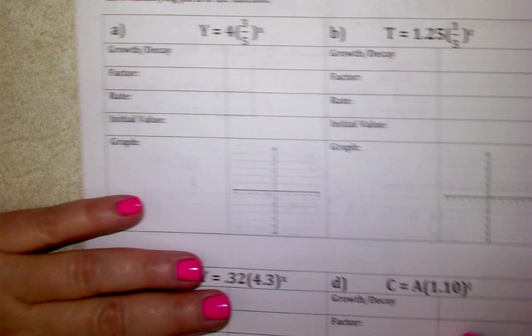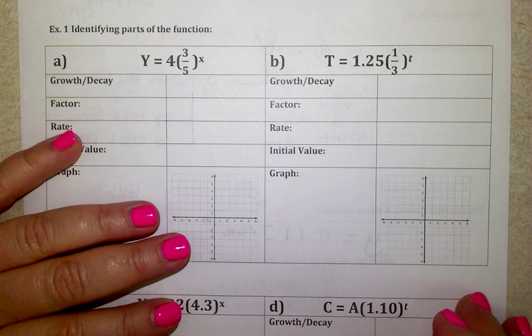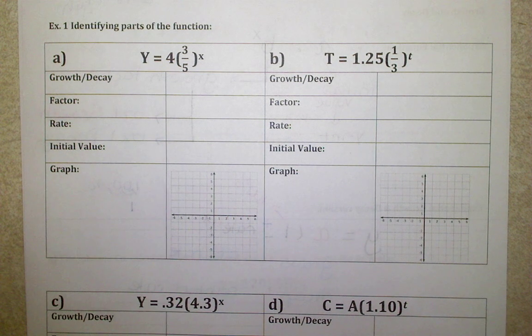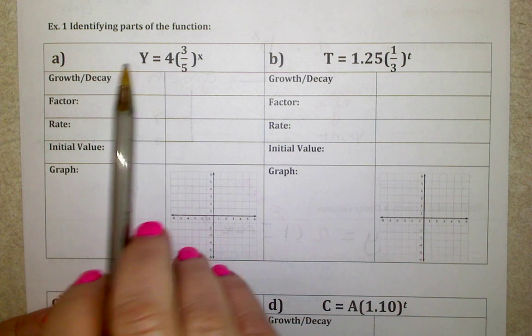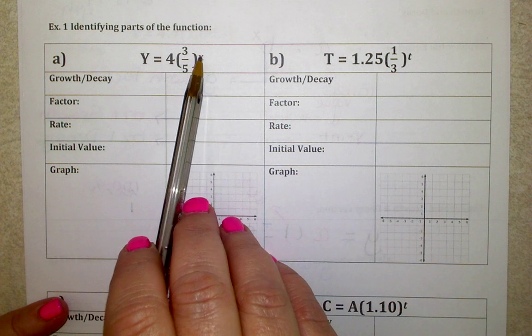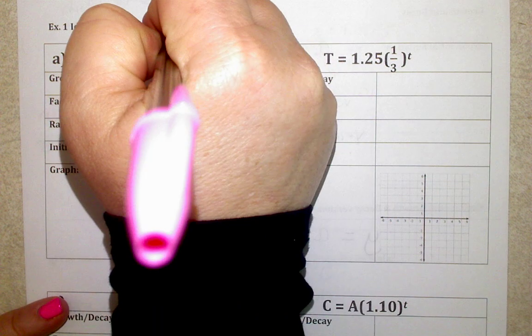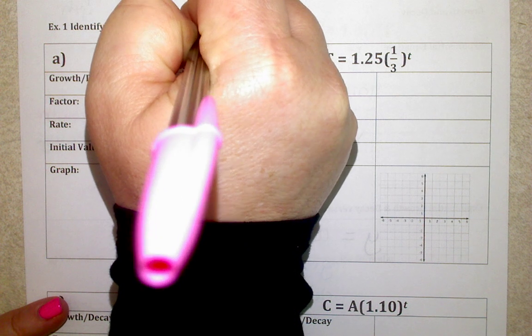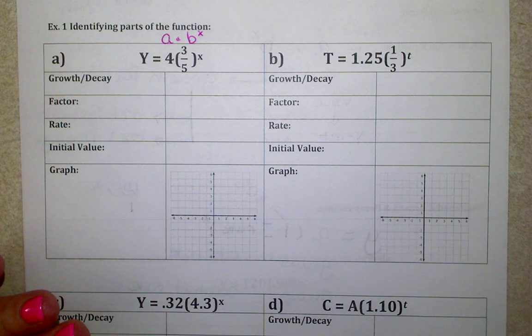All right, so flipping over to the back side. Example 1 is asking us about identifying the parts of the function. Notice this right here. This is 4 times 3/5 raised to the x. So that's a times b to the x. Look at your b value, everybody.